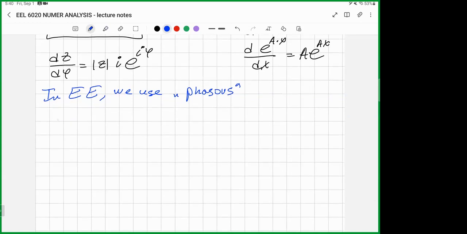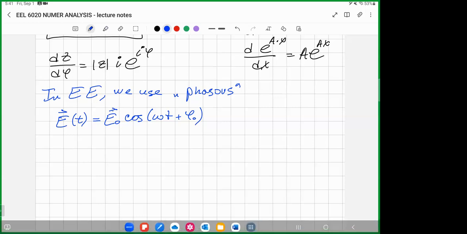Suppose I have an electric field. It can be voltage, current, whatever. Just some function that depends on time as a cosine or sine function. Let's put cosine omega t plus some phi. Right.